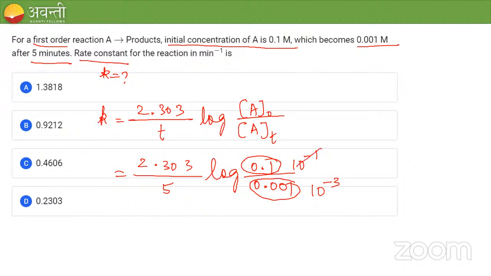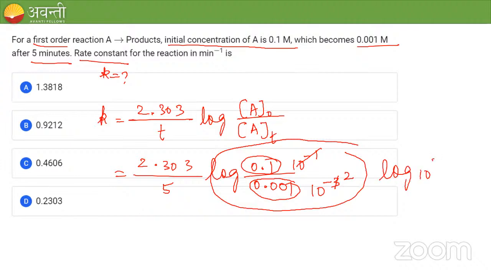If I cancel this, I will have 10 power minus 2 in the denominator. If it goes to the numerator, I will have log of 10 to the power 2. What is log of 10 to the power 2?